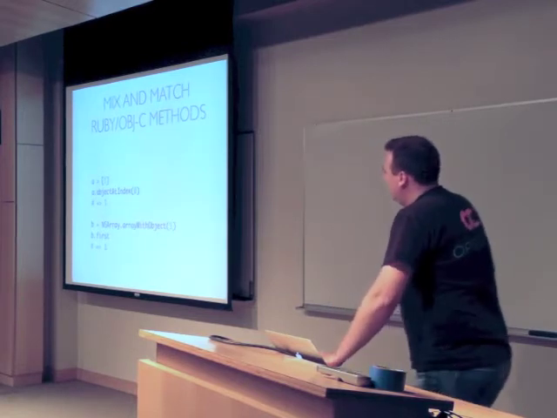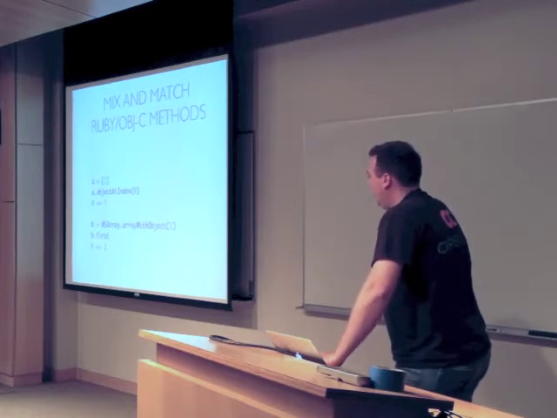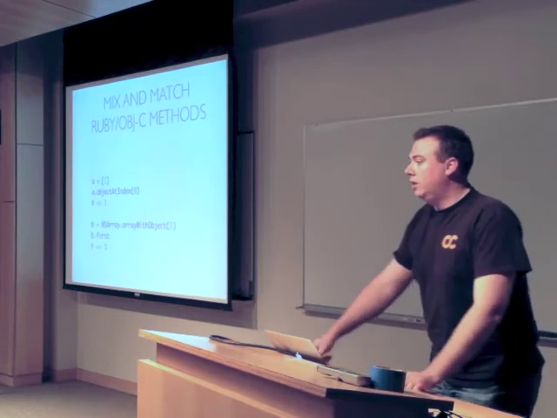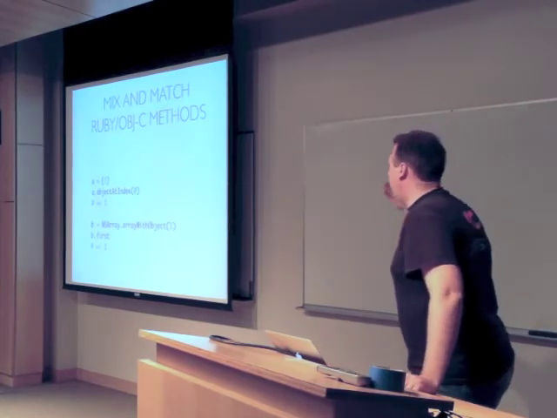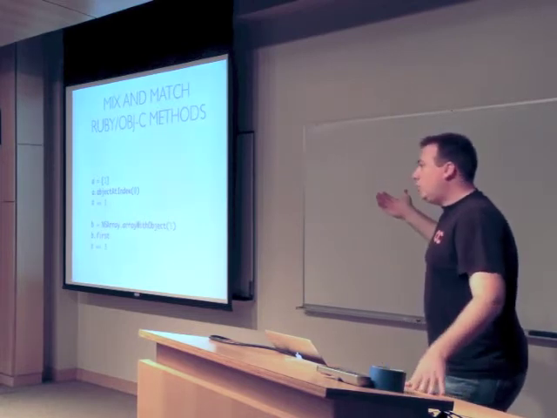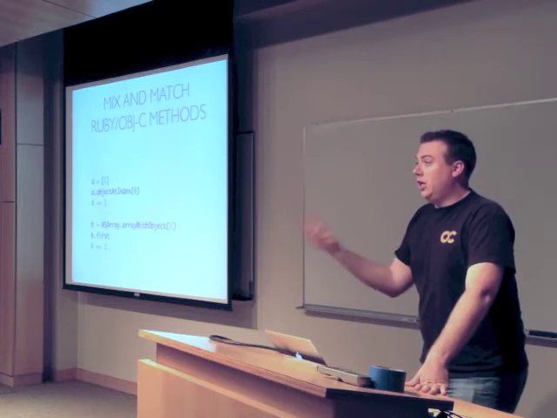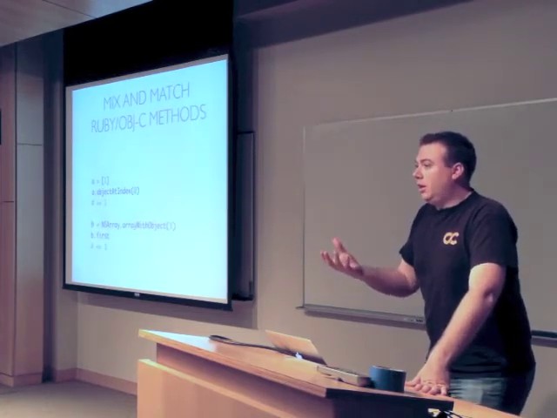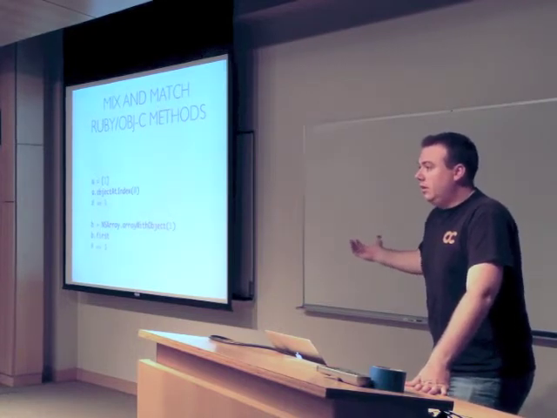Similarly, I'm setting b with an Objective-C method, and then calling a Ruby method on it. So you can mix and match all you need. This isn't all that useful, but what is great is that you can import an Objective-C library as a vendored library and use it and call Ruby methods on it.